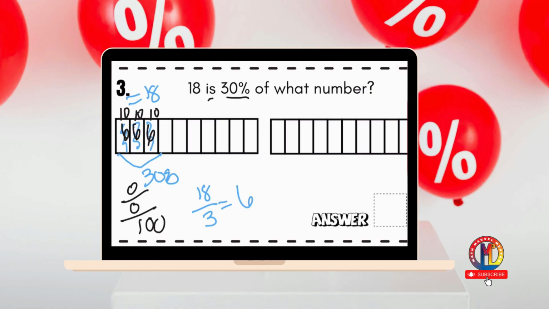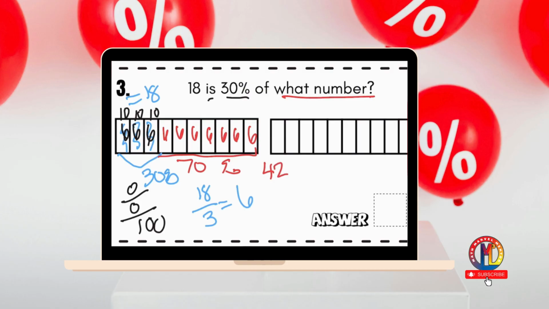And I want to know the other 70%. What is the rest of this whole amount? Because it says what number. So I'm going to fill in my 6's for the rest of the amount. And there's 7 of them, and we know that 7 times 6 gives us 42.